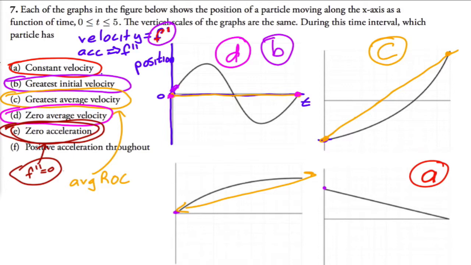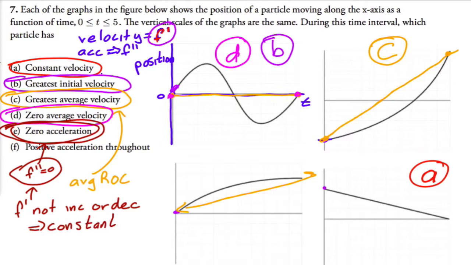Maybe you already know which one it is. Well, let's talk a little bit about what other aspects you can look at. If the second derivative is equal to 0, then that means that the first derivative is not increasing or decreasing. What's another way of saying that? Well, if it's not increasing or decreasing, then it would have to be constant, right?